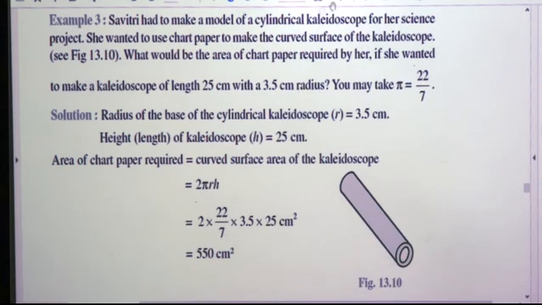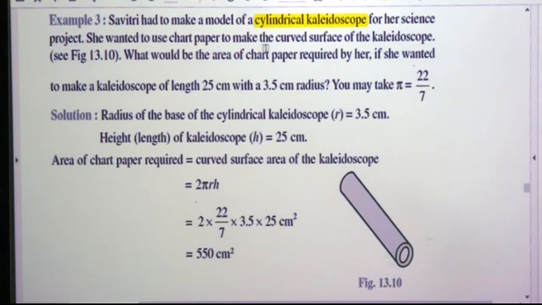The very important thing here is, it is a cylindrical kaleidoscope. Cylindrical means cylinder, and for that, what are the dimensions that are given to us?